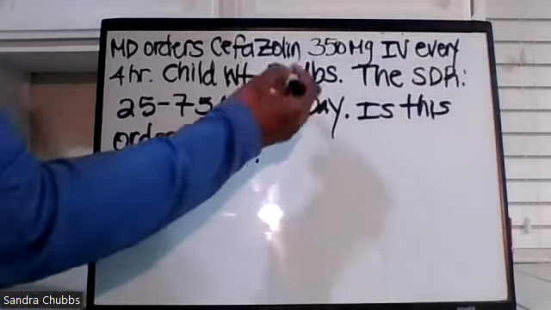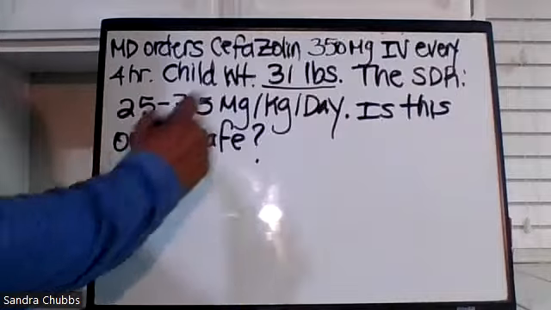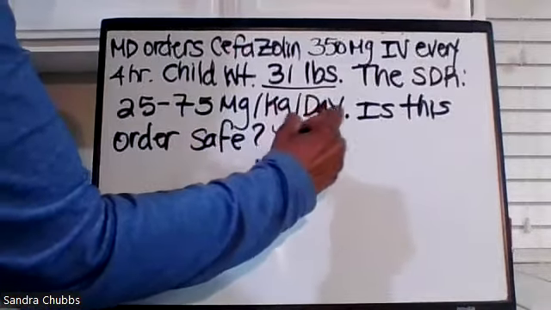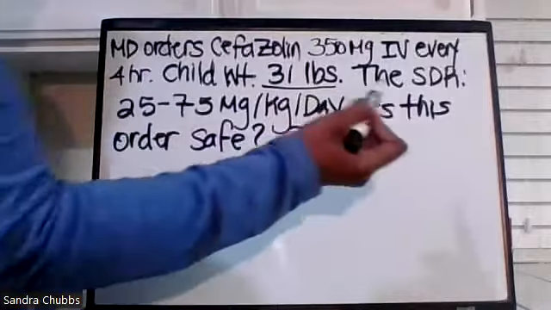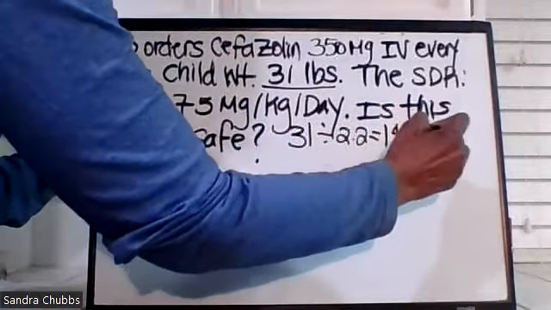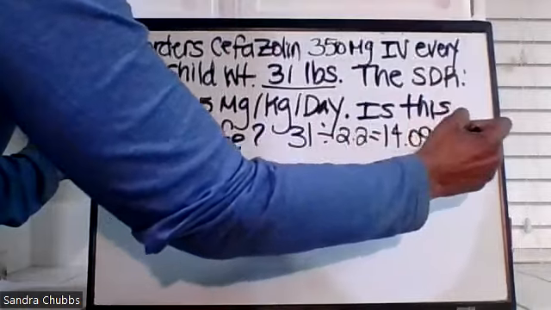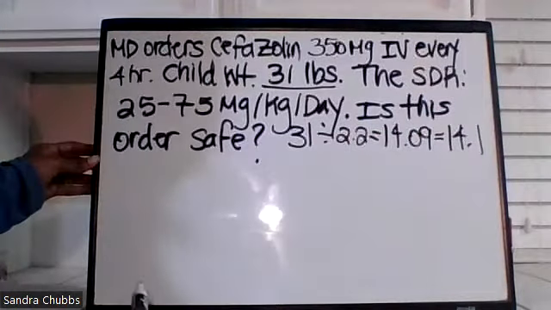Step 1 is to convert the child's weight to kilograms. So we take the 31, we divide it by 2.2, and we come out with 14.09. We round it to the nearest tenth, so it's 14.1 kilograms, right?